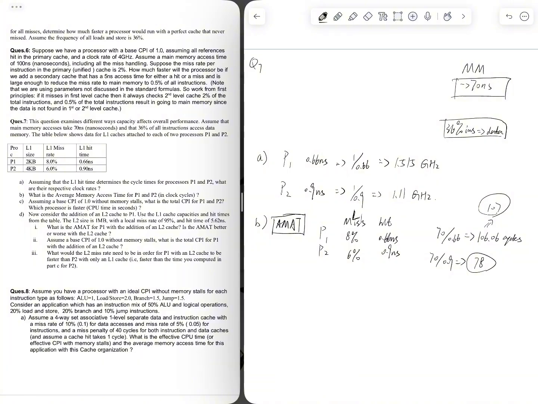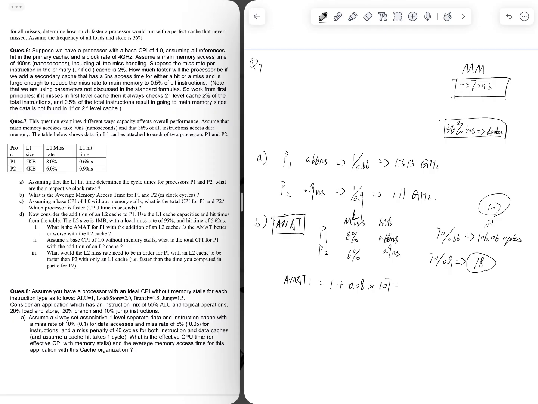And then I think we can do the AMAT now. AMAT 1 for processor 1 will be the hit time, plus the percentage of the miss rate with our penalty 107.